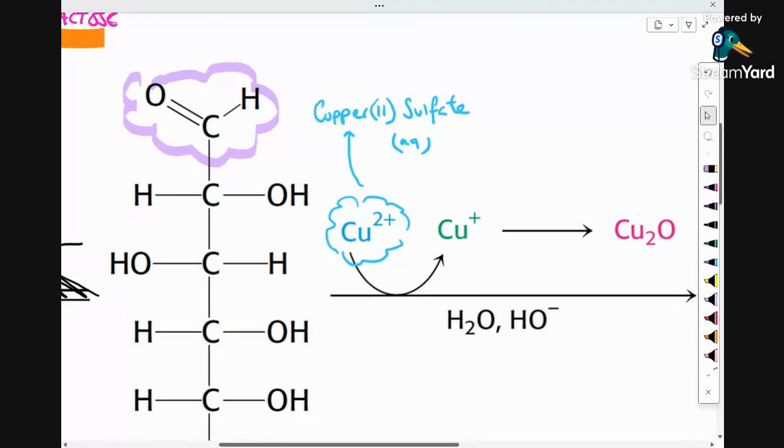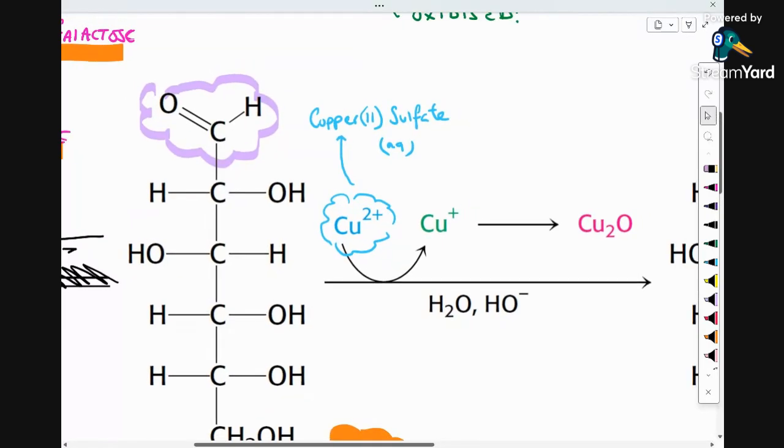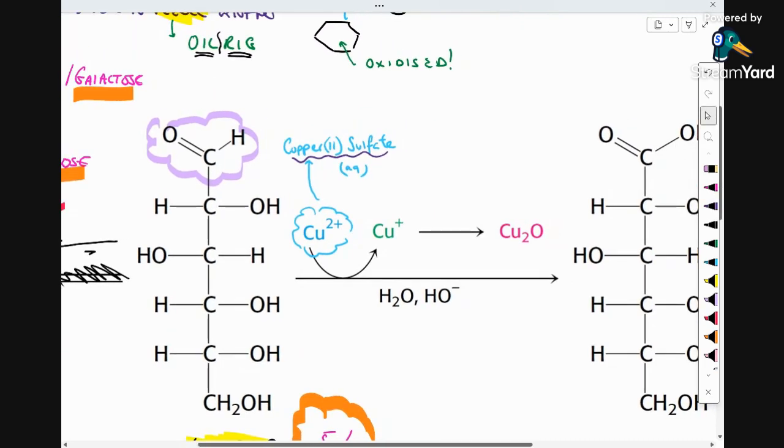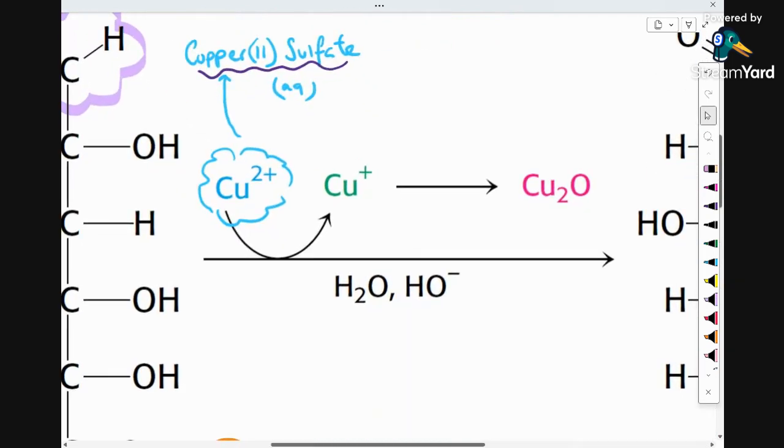And if we react this with our reducing sugar, in this case linear glucose, the aldehyde group over here can give electrons to our copper 2 sulfate. What happens is the copper 2 plus ions are reduced. They gain electrons.